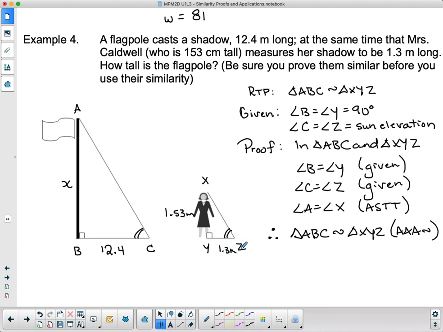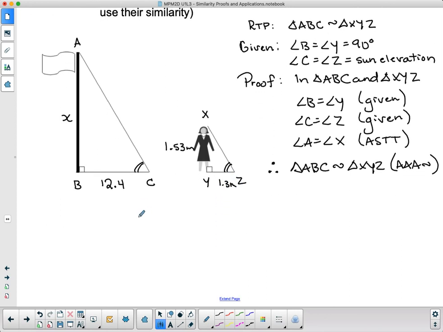So if we set up the ratios there, X is across from this double mark here, so it goes with the 1.53. The 12.4 is also from this triangle, so it has to go on top. And it is the bottom here across from this top angle, so it's 1.3 that goes with it.